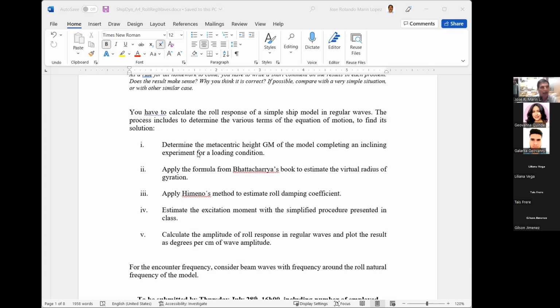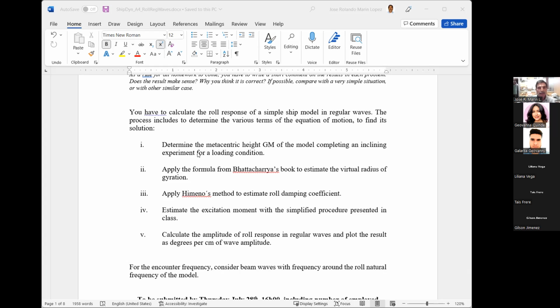So you measure the distance that you move a certain weight W and register the angle that the system gets. If you know the total weight of the model, then you will have a GM. There you go. If you know the KM, that's easy because you know the hydrostatics, you can determine KG.